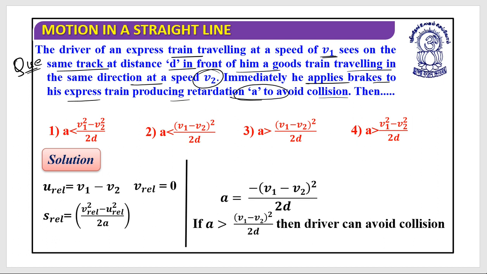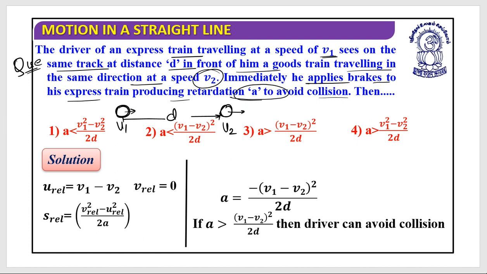Yes, this is very interesting. Before I go to that, let's see the situation. This is v1, this should be v2. They both are moving in the same direction and their separation is d.